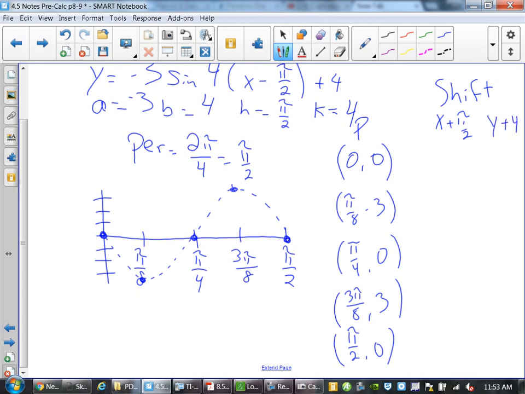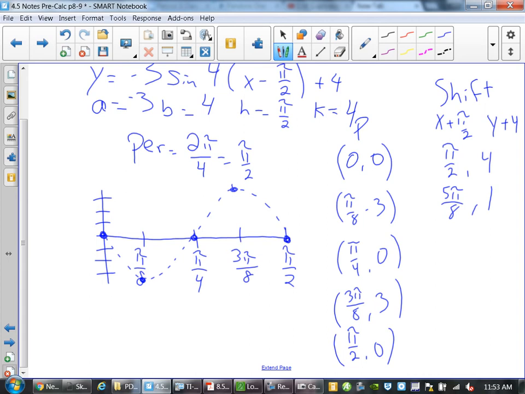A lot of people write out the ordered pairs and then just add the fractions to get your new list. Sometimes it's easier for people to see that to know where your next set of points are going to wind up going. It's totally up to you. I like to do it this way because it forces me to know that it's going to be pi over 2 and 4. 1/8 plus 1/2 would be 5/8. -3 plus 4 is 1.